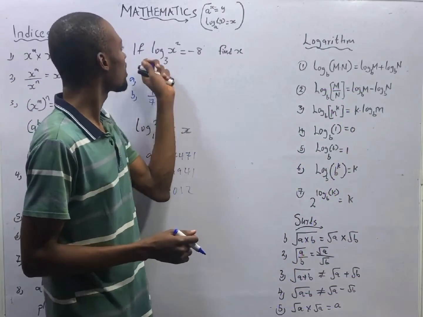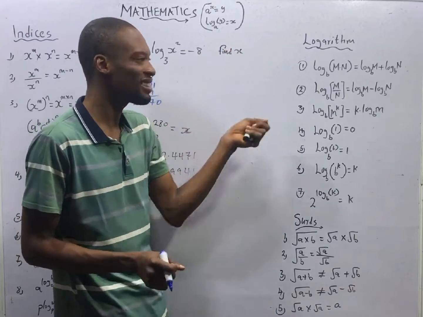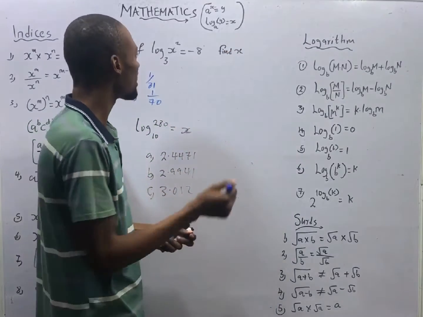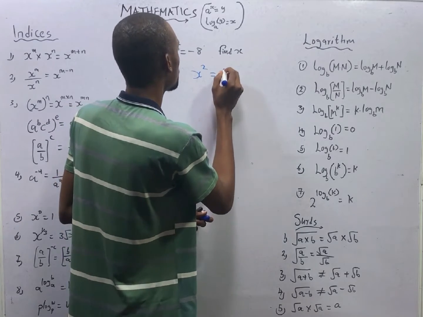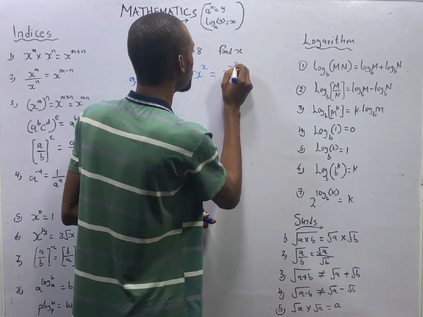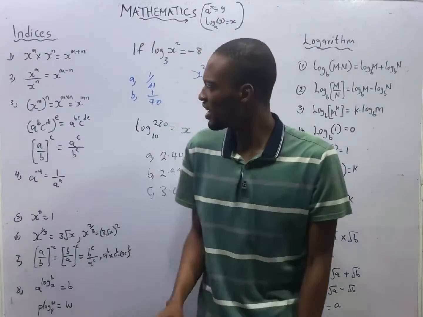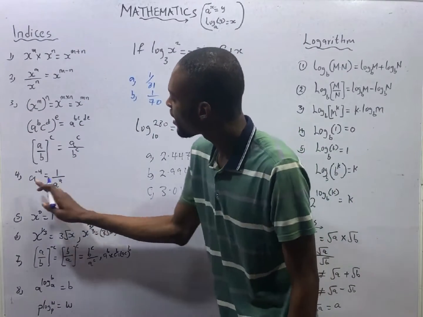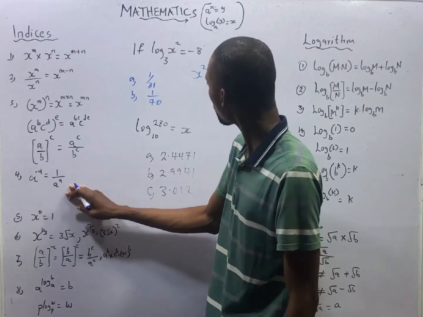Now look at this. They say log s squared to base 3 is equals minus 8. Find s. This is the same thing as s squared is equals 3 raised to the power of minus 8. From indices, when you have negative power, for example, a raised to the power of minus 4, it is equals 1 over a raised to the power of 4.